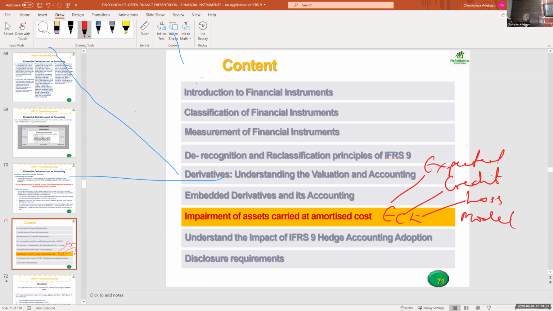But that failed us during the period of global financial crisis. And that was what prompted the massive change in the recognition and measurement of financial instruments. And that is what gave birth to IFRS 9.